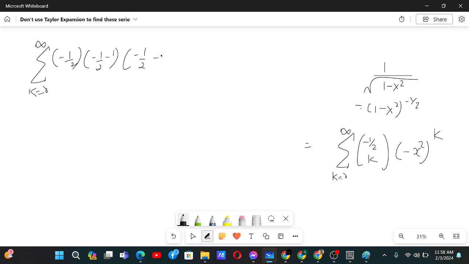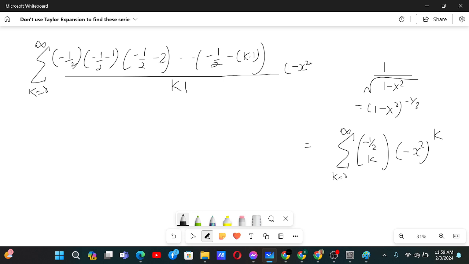In the second term we are subtracting 1, in the third term we are subtracting 2, so we will go up to the kth term, and in the kth term we will subtract k minus 1. Divided by k factorial, and then we will have minus x squared to the power k. So this is the sum.